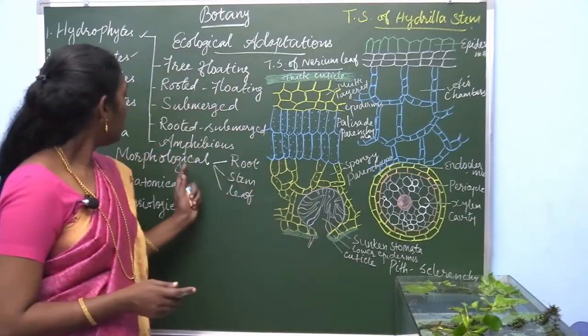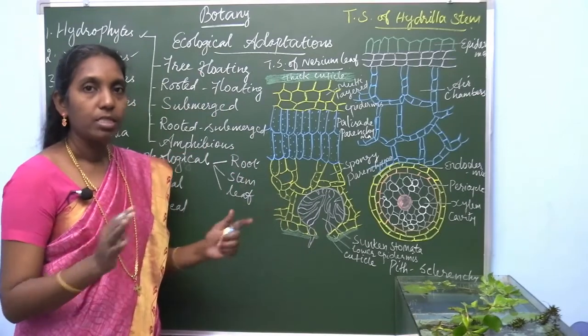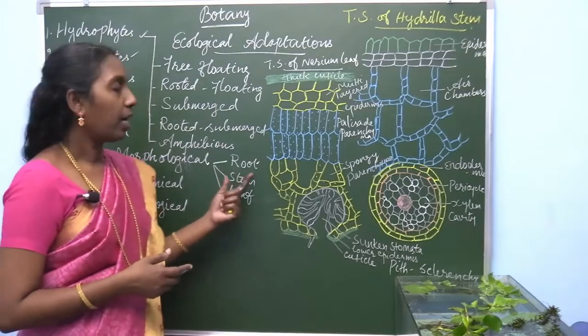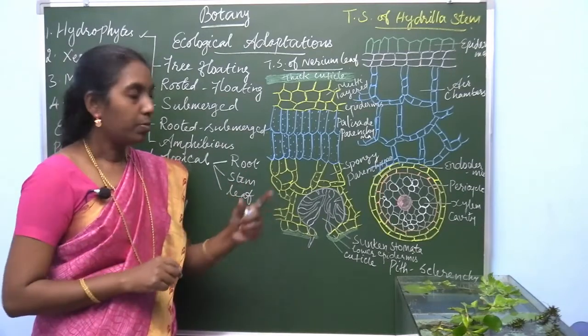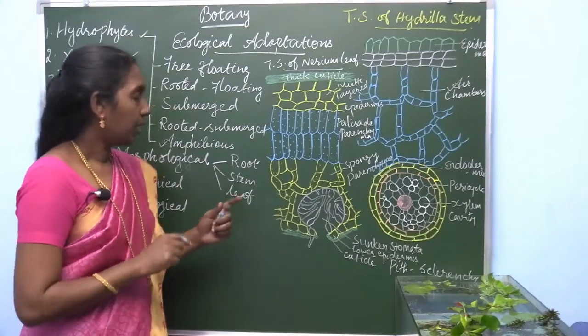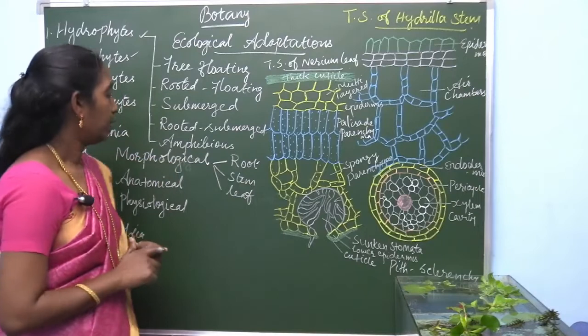So, when you write about the root morphological characters: completely absent in Wolffia, poorly developed in Hydrilla, a rooted submerged hydrophyte, and well developed in Ranunculus.